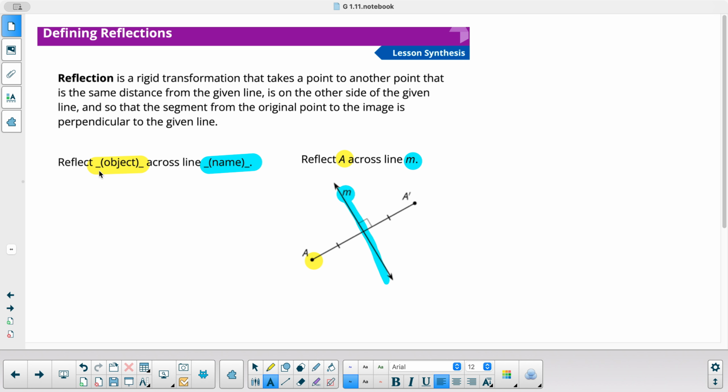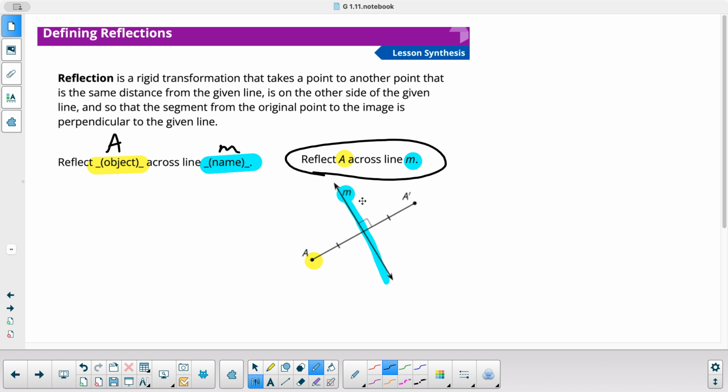Okay, so reflect with this picture here, I used some highlighter here, reflect A across line M. Okay, and there it is. You need an object to reflect, and you need to reflect across a line.